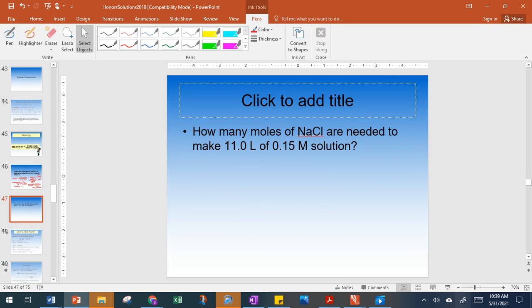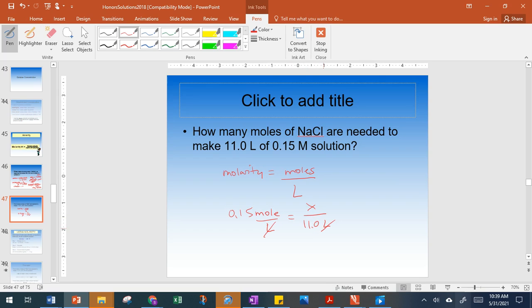This one's asking for how many moles in our solution. So again, we have our equation, molarity is equal to moles over liters. So we would take that 0.15 molar, capital M is moles over liters, is equal to X over 11 liters.